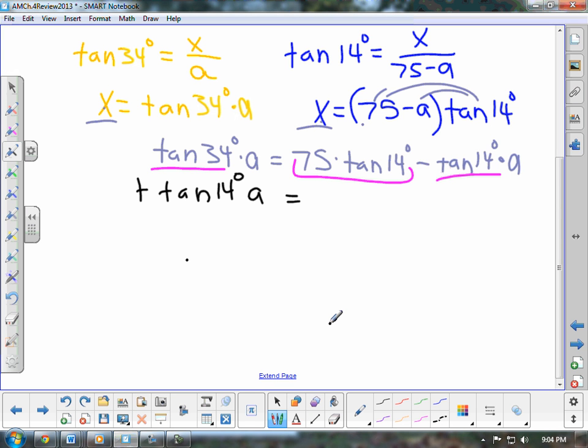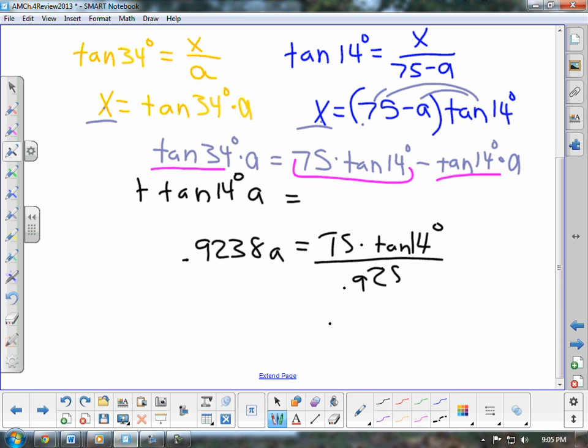So this is approximately 0.9238a equals 75 times tangent of 14 degrees. And then we have to divide that by 0.9238.